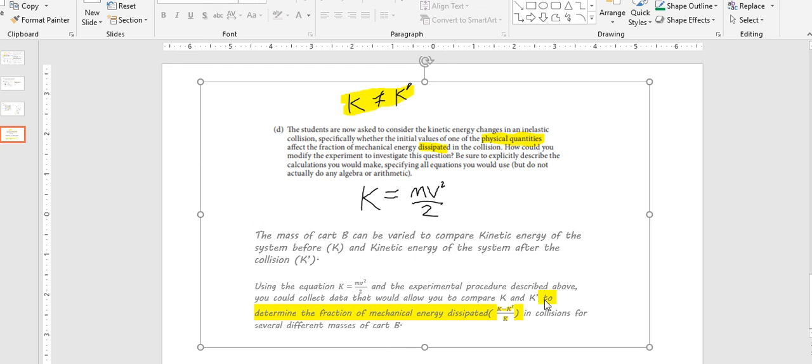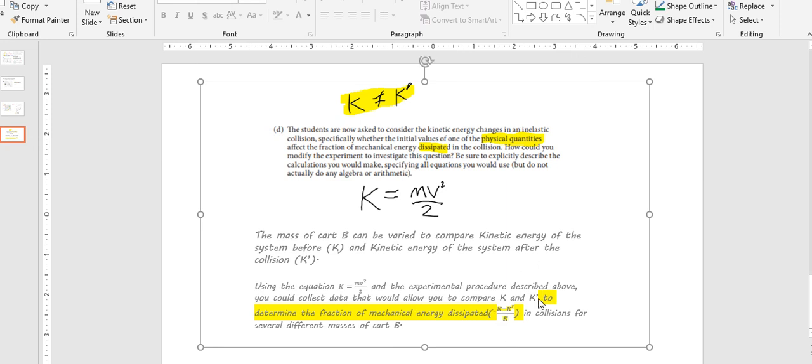Basically, I got a point for saying the mass could be varied and for indicating which equation, and that I would use the same procedure as above. That was 2 out of the 3 points. But I missed the part about the fraction of the mechanical energy dissipated. Well, since we don't have a spring or gravitational energy or anything, kinetic energy is the only kind you have, and your initial kinetic energy is going to be more than the final.